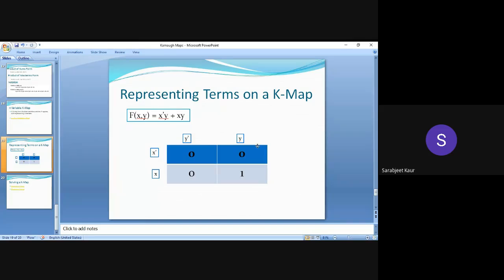Then I would put 1 here for x dash y, and the other one in xy. The other two squares are 0. Any problem? Is this clear to everybody?